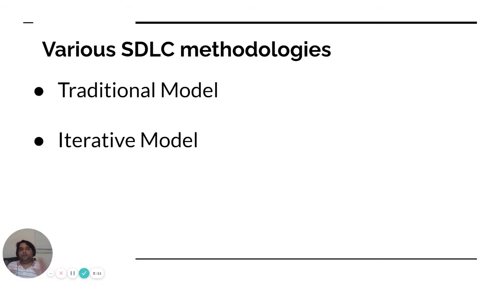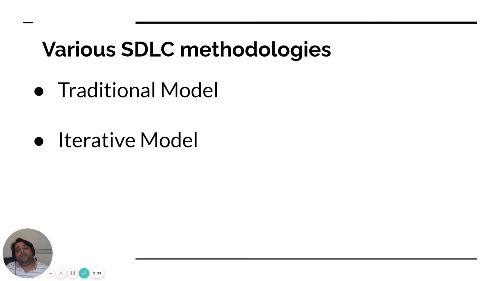Development is 100 percent complete, then it goes to the QA phase, the testing phase. Because of that, you spend too much time on certain stuff, and right now it is very rare that somebody uses the waterfall methodology.